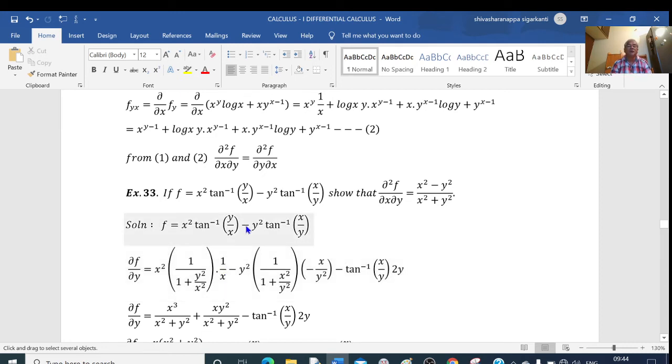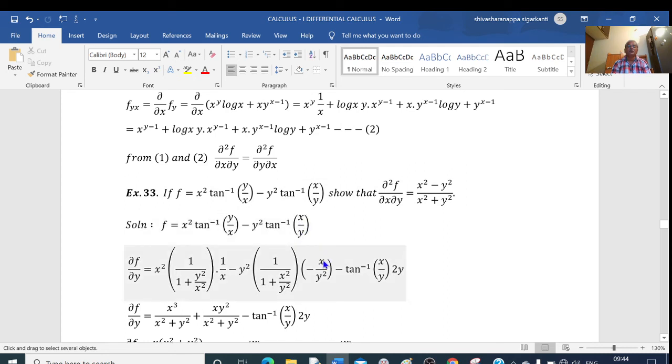Okay. Next minus. Here I have to apply the product rule. First function y square. Derivative of the second. Tan inverse derivative is 1 by 1 plus x square by y square into x by y derivative with respect to y. Okay. X by y derivative with respect to y.